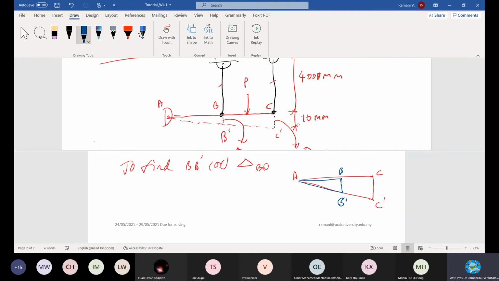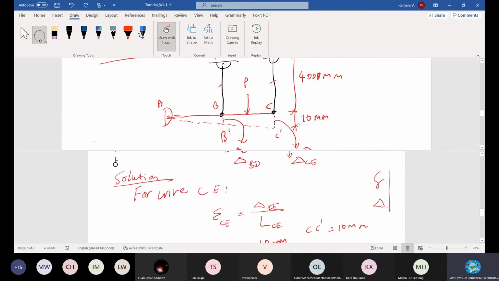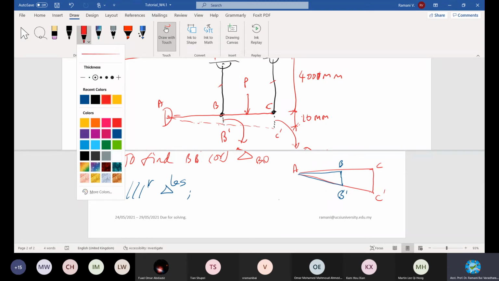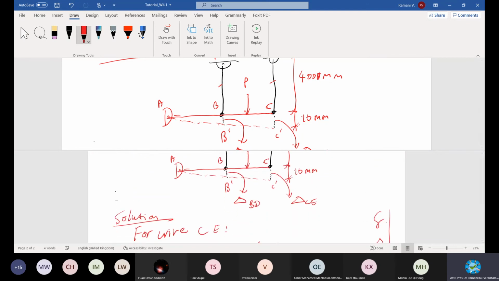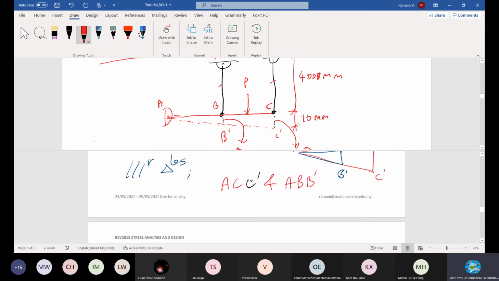I use the similar triangle principle here to calculate this, between triangle ACC dash and ABB dash. I change to red color because red is a more fluorescent color, clearer. I can solve by this similar triangle principle.